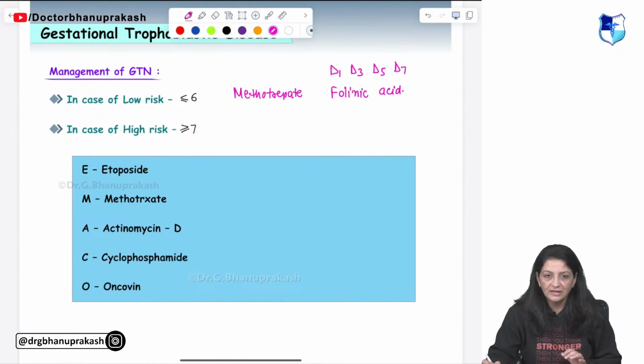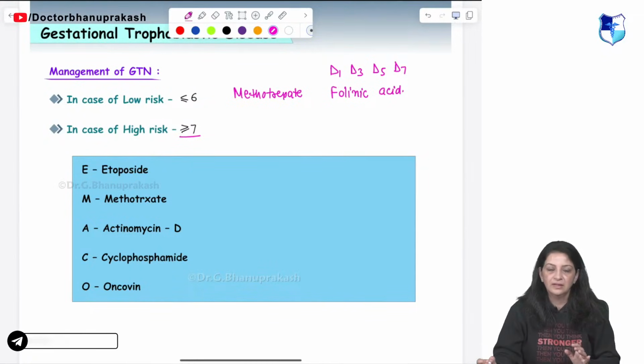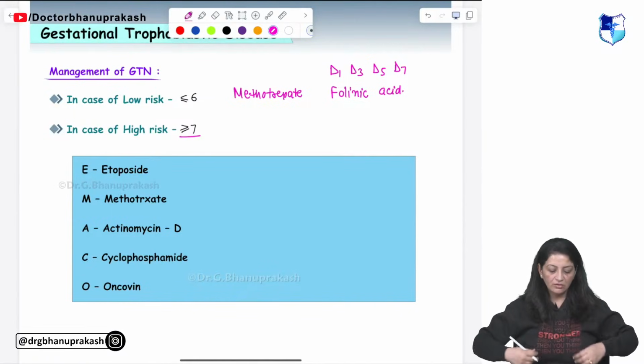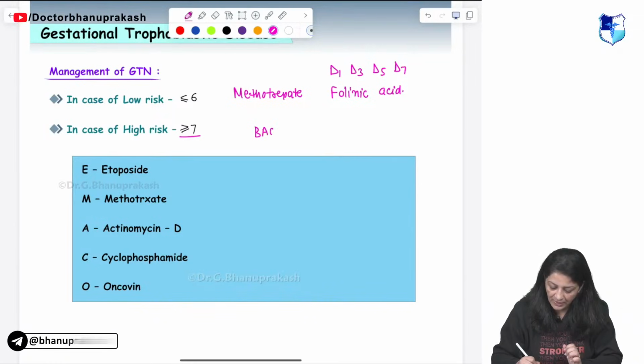In case of high risk, if the score is 7 or more, then EMA-CO regimen. In case of GTN, you can say Bagshawe regimen.